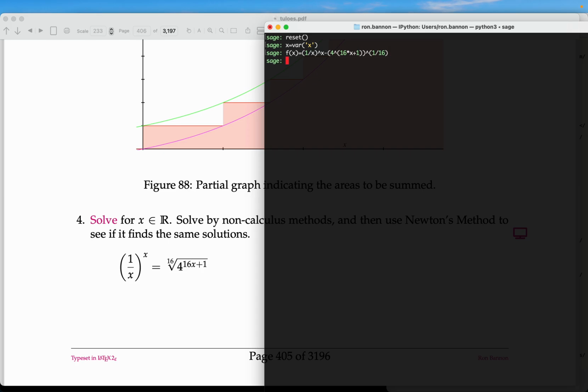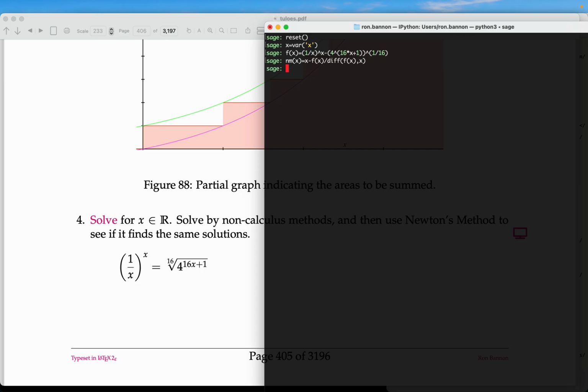The next thing I'm going to do is define this function, Newton's method. In my notes I have n down, but I'm just going to call it nm because I'm used to doing that now. It's going to be x minus the function divided by the derivative of the function with respect to x.